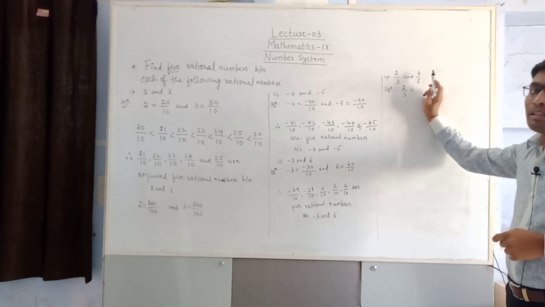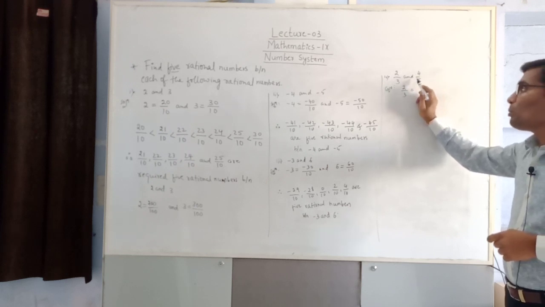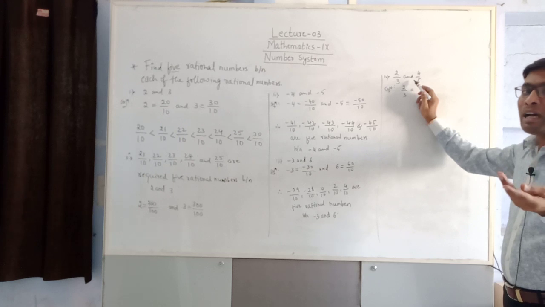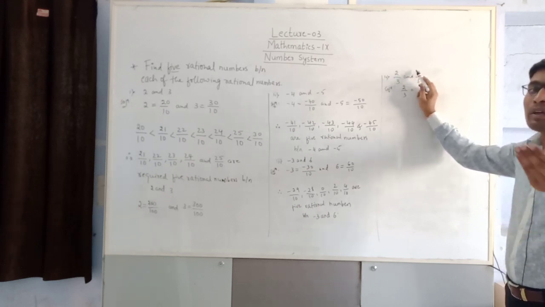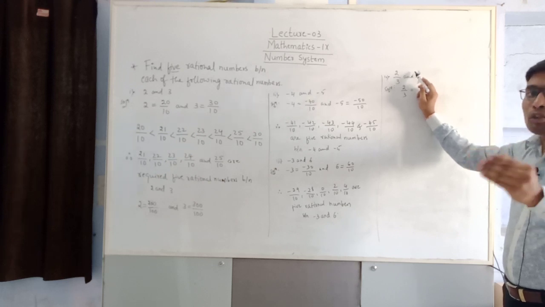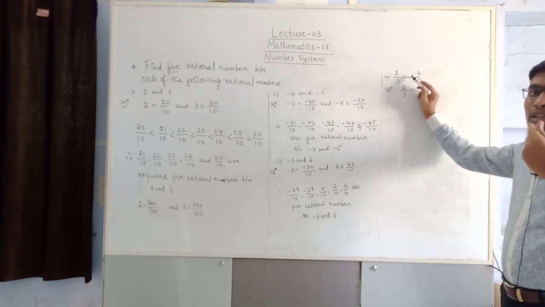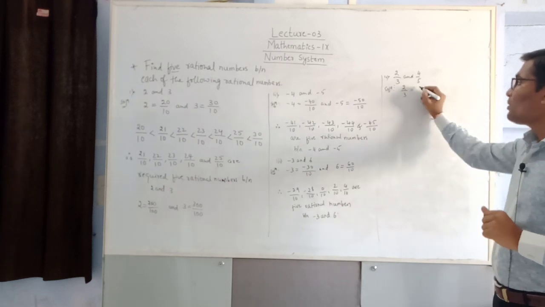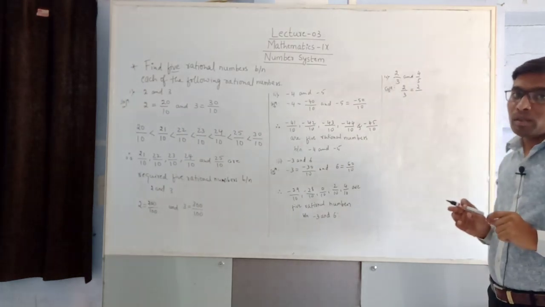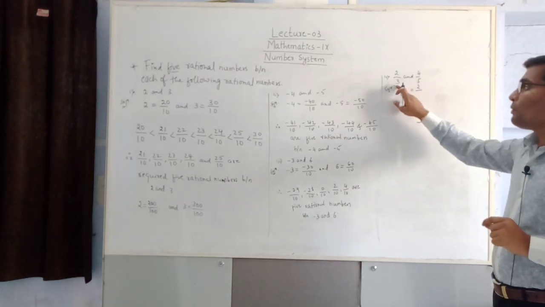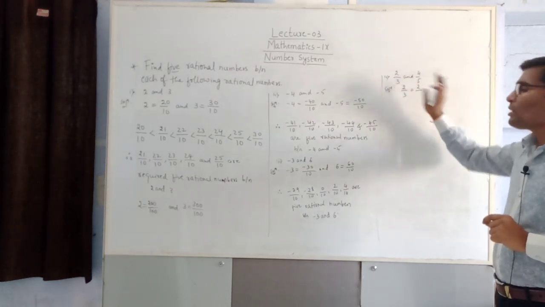First we need to convert the denominators into the same number. After that we have to look at the numerators. In between the numerators the required number of rational numbers should be present. How to convert? 2, 3 and 5 are co-prime numbers, so we can multiply 3 to 5 or 5 to 3.